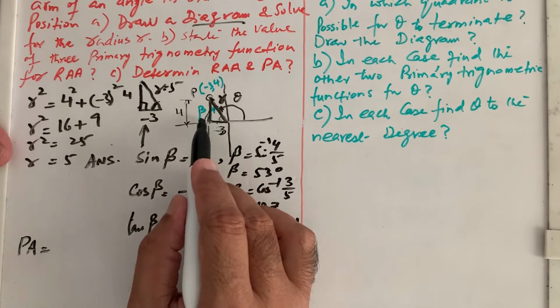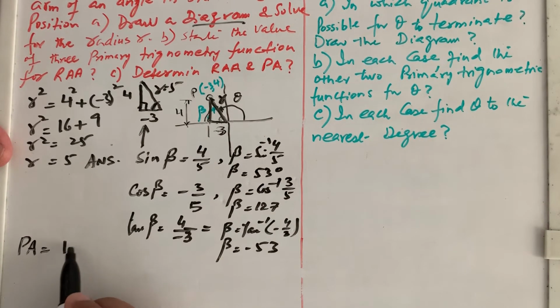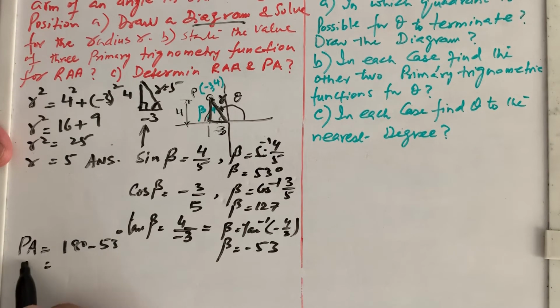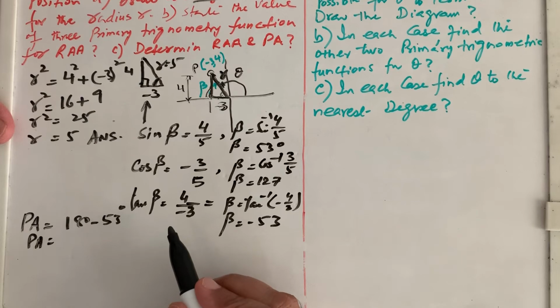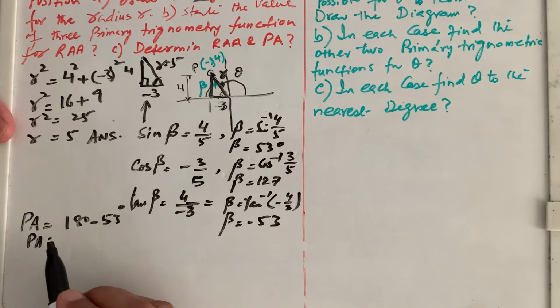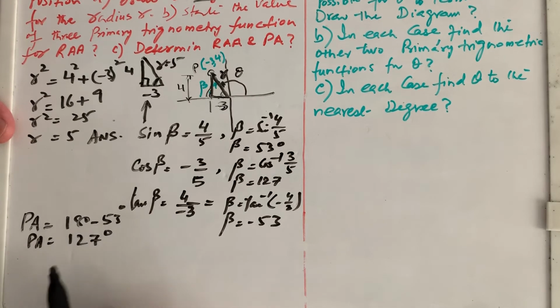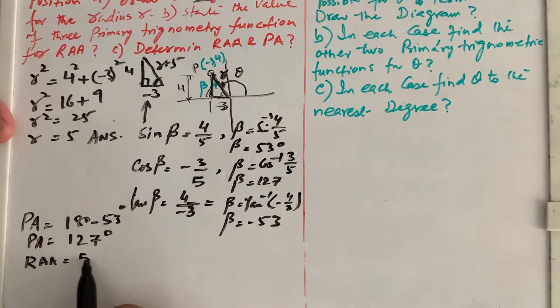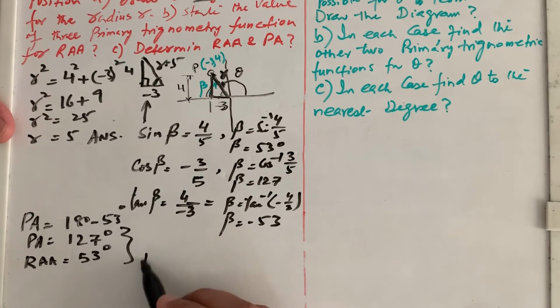This is bigger than beta, obviously, so we have to subtract from 180. 180 minus 53 degrees is 127 degrees. So we have PA, and we have RAA, which was 53 degrees. So we know PA, we know RAA, and we solved all three parts.